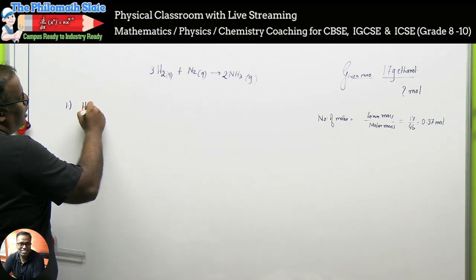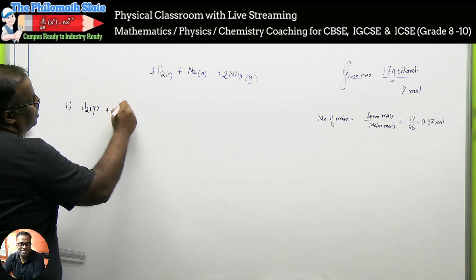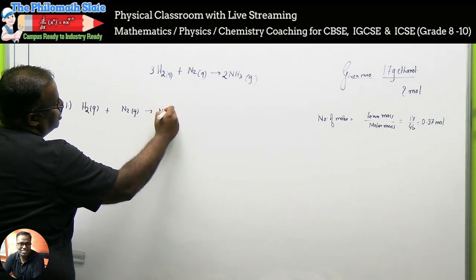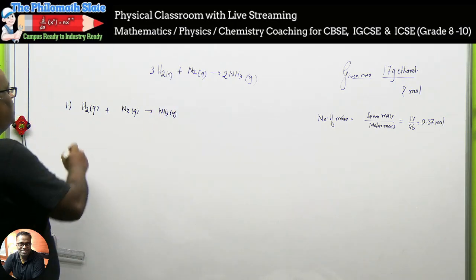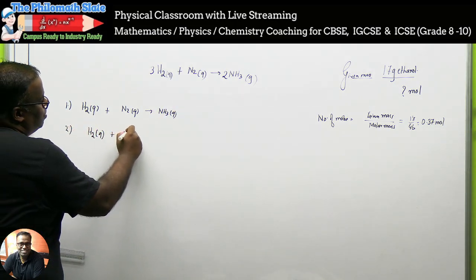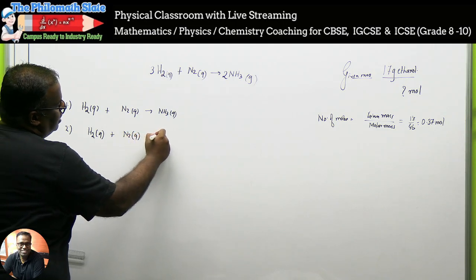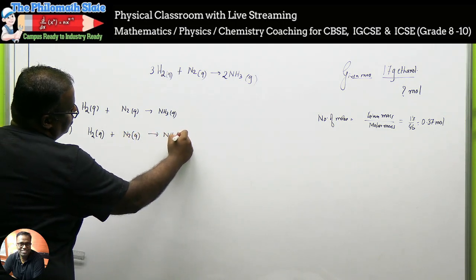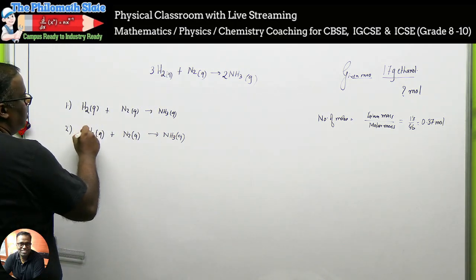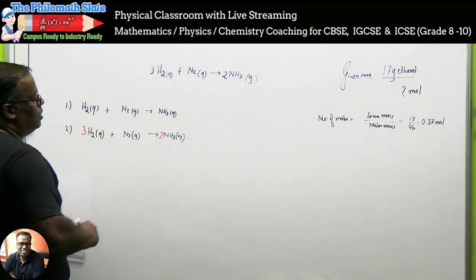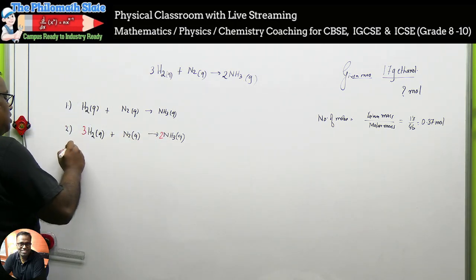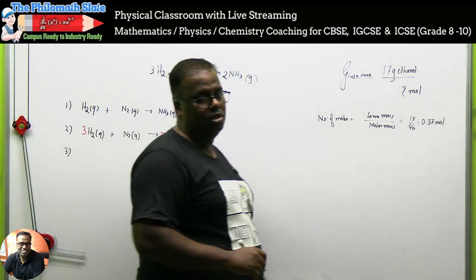First, you write hydrogen as a gas reacts with nitrogen as a gas to give ammonia, which is also a gas. Then use your red pen in the next step. This one will be 3 and this is 2. Now it is balanced. Now on step number 3, you write the mole wala recipe.